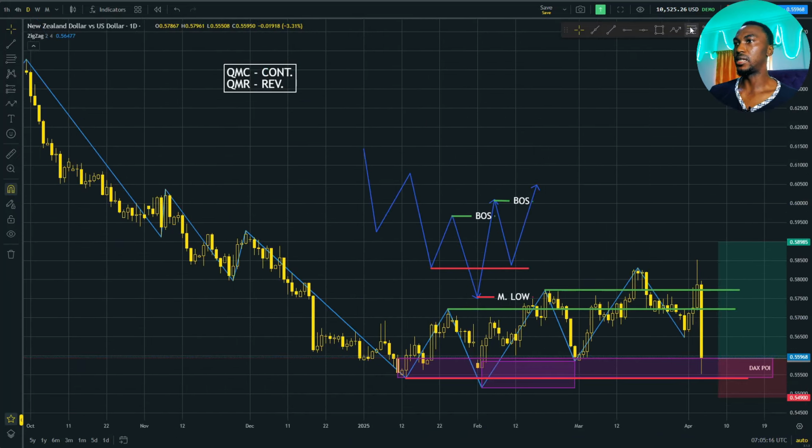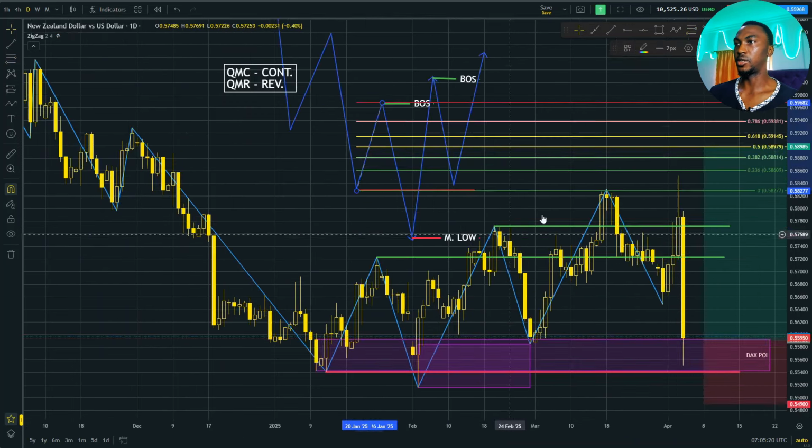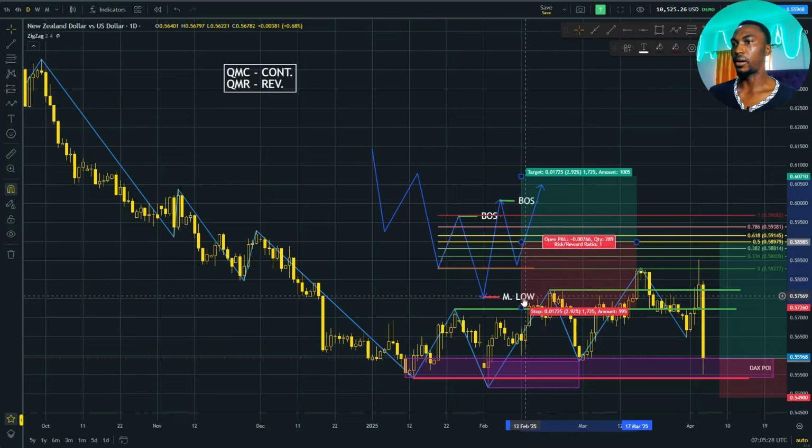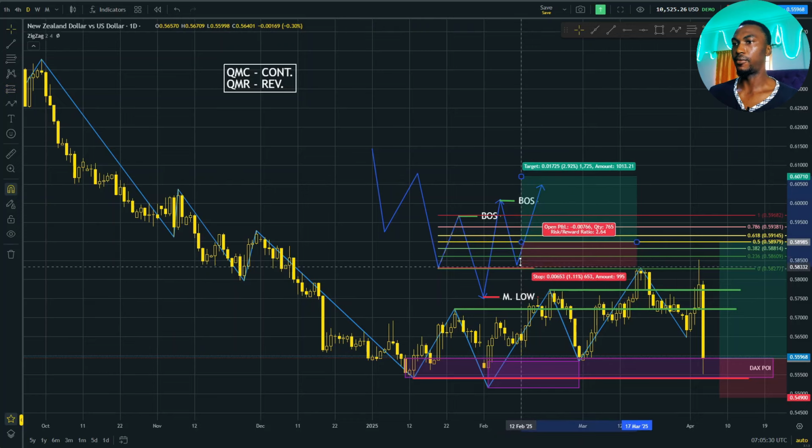People usually place their trade when they see this happen after this break of structure. They place their trade right here on either the 61.8 or 50%, whichever one, and put their stop loss below this low.